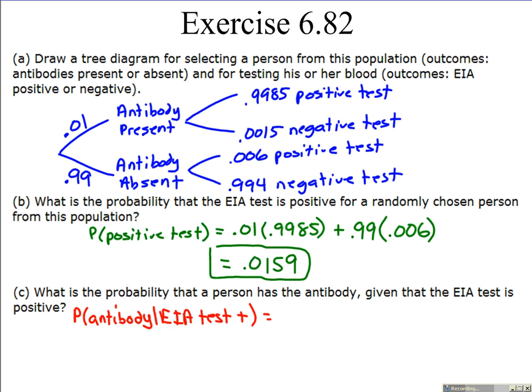Well, that means that we're going to have to find the probability that they have the antibody and a positive test divided by the probability of a positive test.